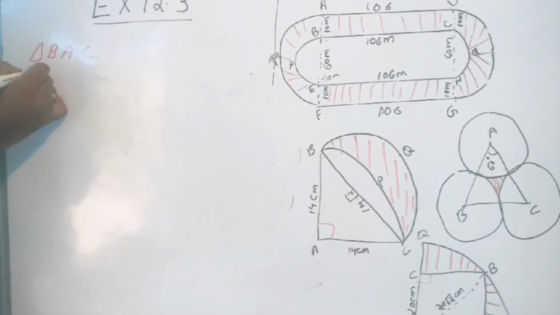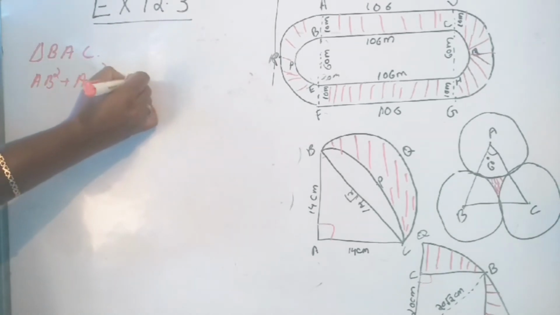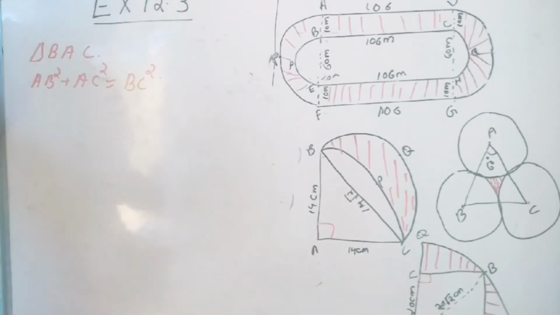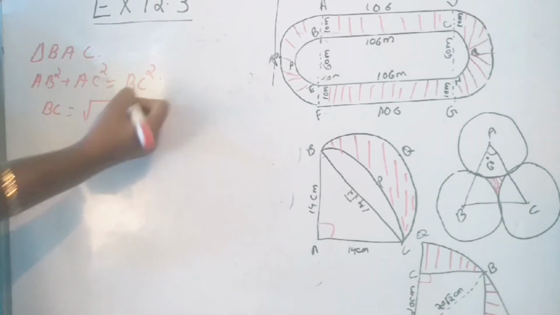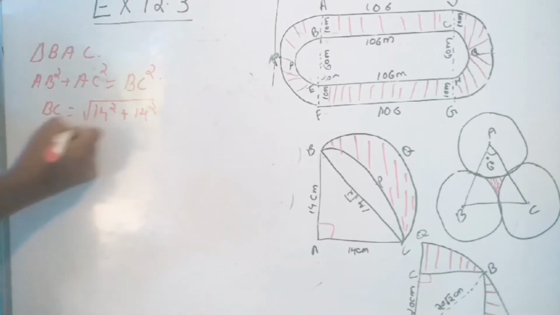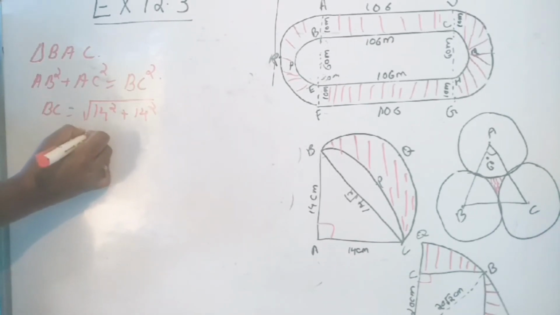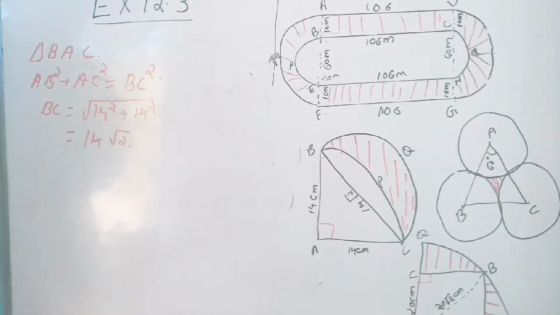Then we will get AB square plus AC square is equal to BC square. That is BC is equal to square root of AB square, that is 14 square plus 14 square. Thus you will get it as 14 root 2. So the length of BC is equal to 14 root 2.